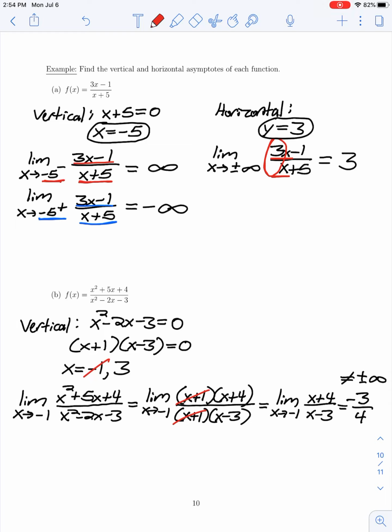If you look at the graph of this function, there's a hole at -1. It's undefined when x equals -1 since we have division by 0, but it does not have an infinite limit there. So let's consider the value x equals 3.